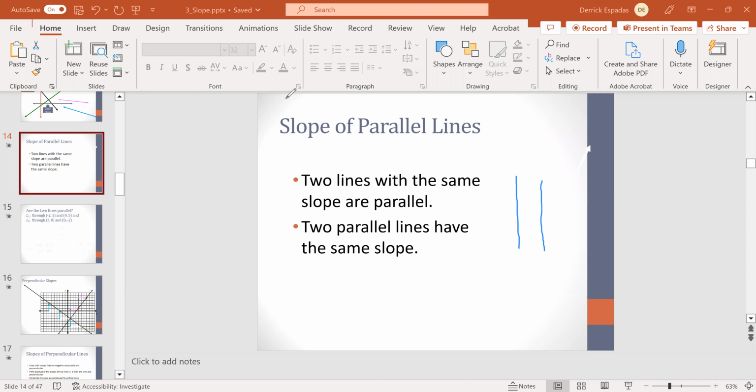So if you ever get a question that says, hey, there's two parallel lines, one has a slope of 1/2, what's the slope of the other? Well, since parallel lines have the same slope, that means the other one's going to have a slope of 1/2. Okay, so parallel lines have the same slope.